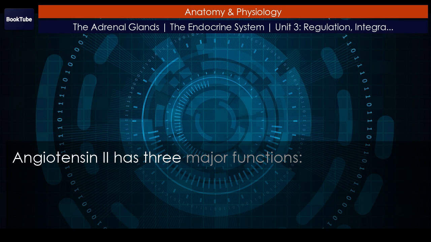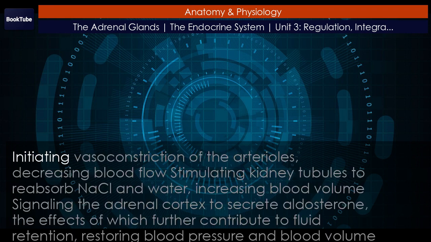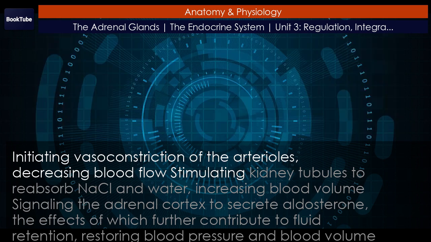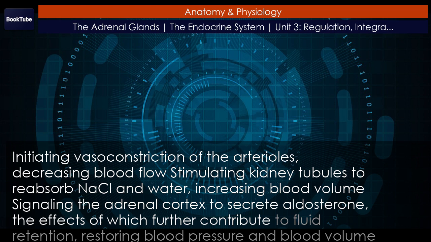Angiotensin II has three major functions: initiating vasoconstriction of the arterioles, decreasing blood flow; stimulating kidney tubules to reabsorb sodium chloride and water, increasing blood volume; and signaling the adrenal cortex to secrete aldosterone, the effects of which further contribute to fluid retention, restoring blood pressure and blood volume.